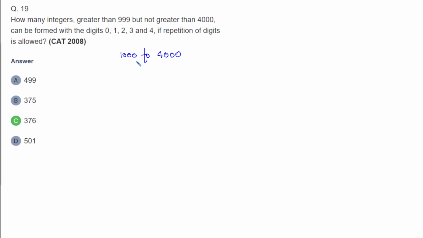Greater than 999 means the minimum possible number is 1000, and not greater than 4000 means 4000 is also included. So let's have a look at it. What we need to do over here is, the first place can be 4 in just one case. So what we can do is separate 1000 to 3999 and 4000. These are the possible numbers, everyone.